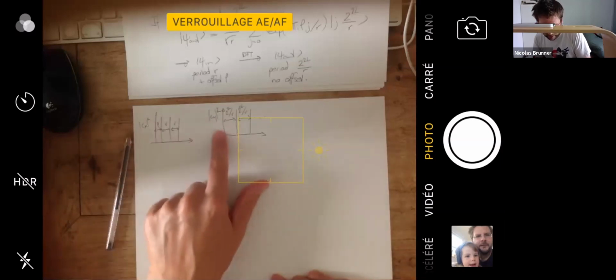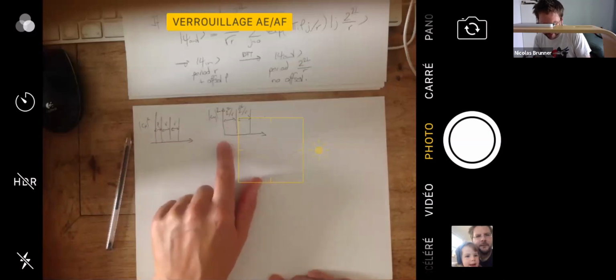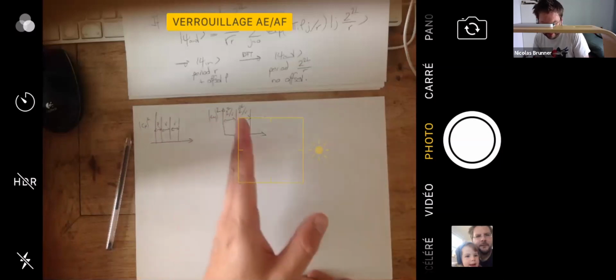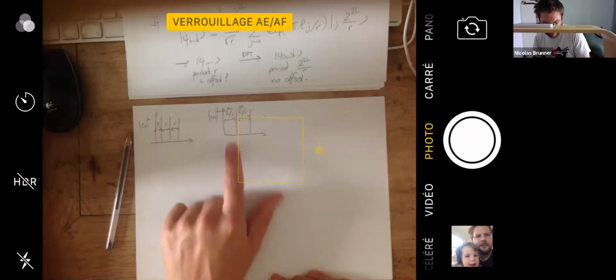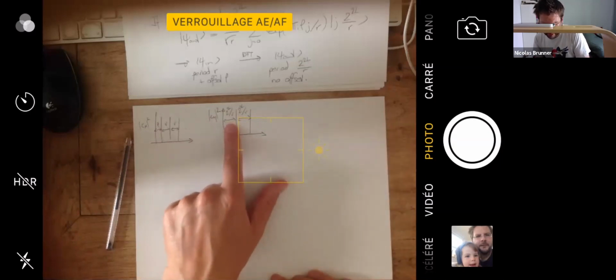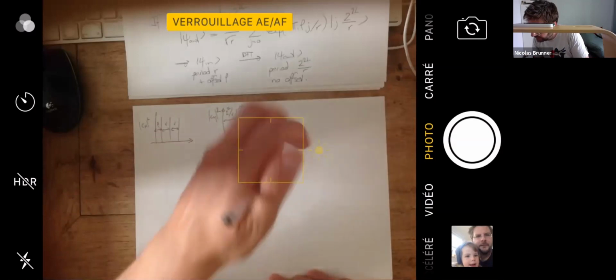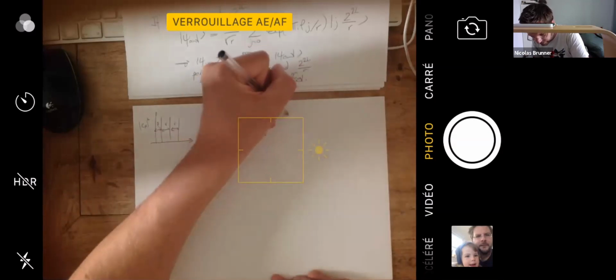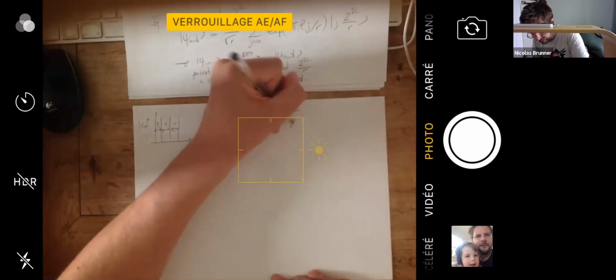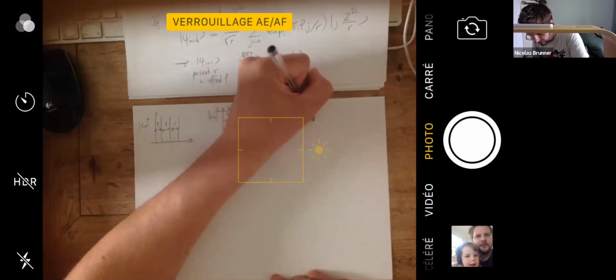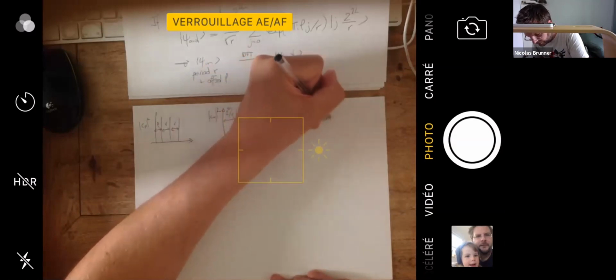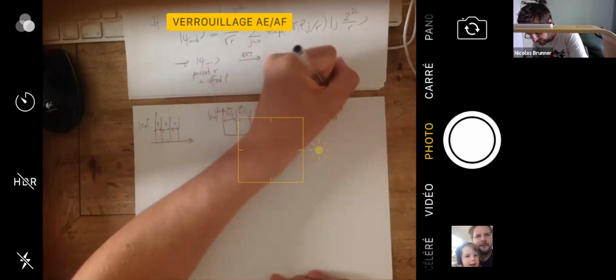While here, after the discrete Fourier transform, I have only these specific peaks that have this so-called inverted period. So 2 to the 2L over R is called an inverted period.